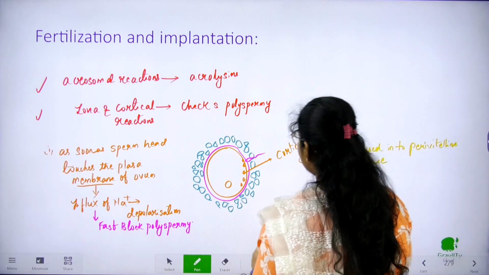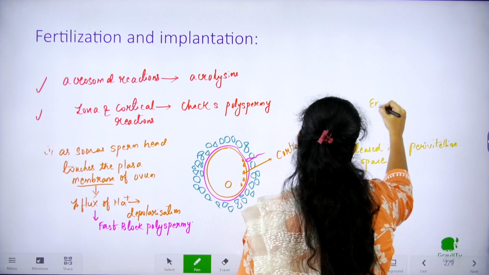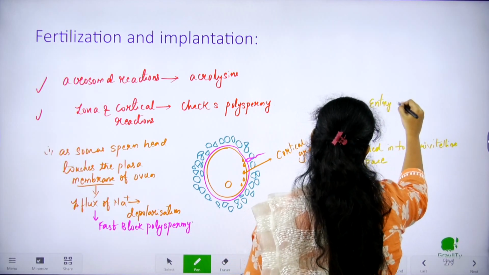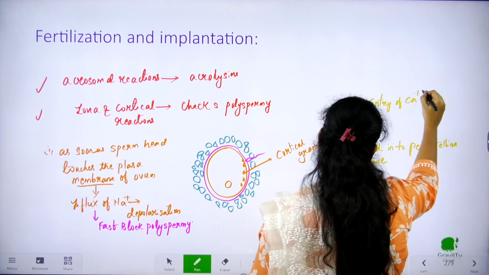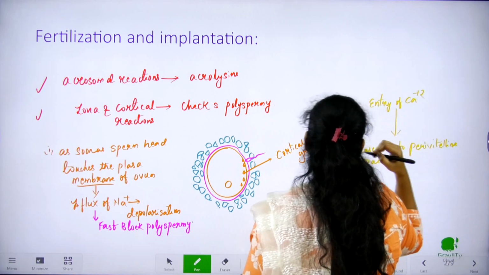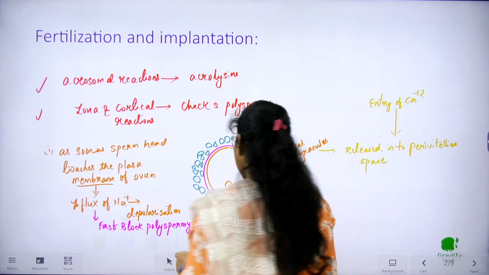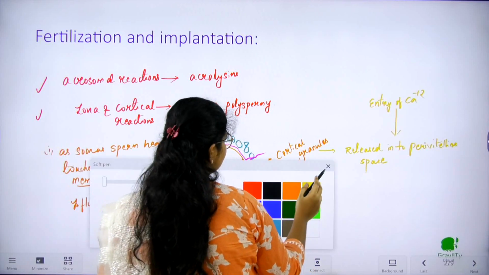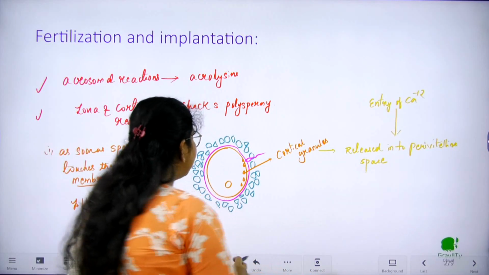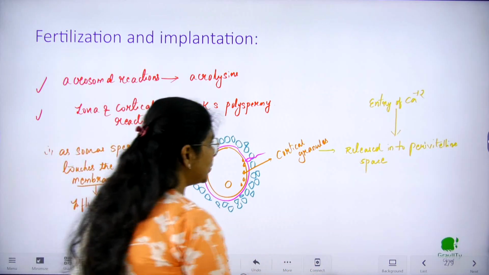This causes entry of calcium first. Calcium enters inside the ovum, the secondary oocyte. Entry of calcium results in release of cortical granules, okay? And these cortical granules have some chemicals, so they are going to completely block the entry of other sperms.